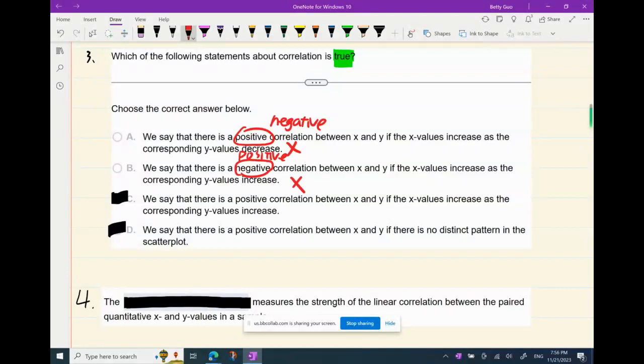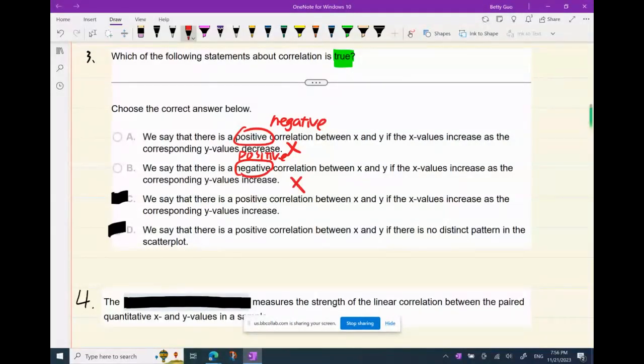Negative relationship means the value of x and the value of y go in opposite directions. Positive correlation means both x and y go in the same direction. When x goes up, y also goes up. When x goes down, y also decreases.